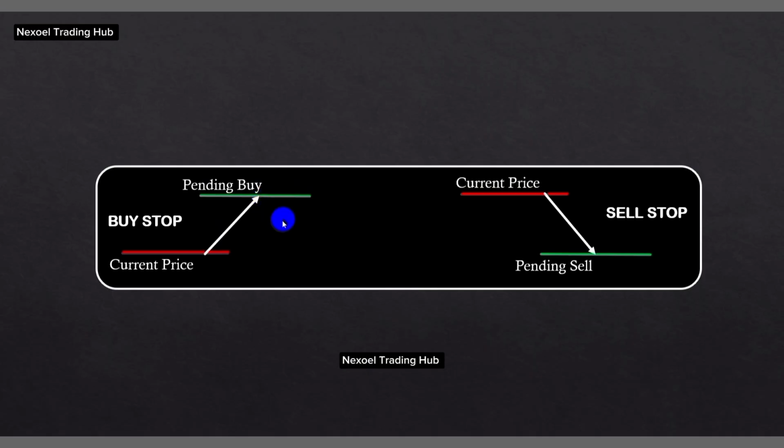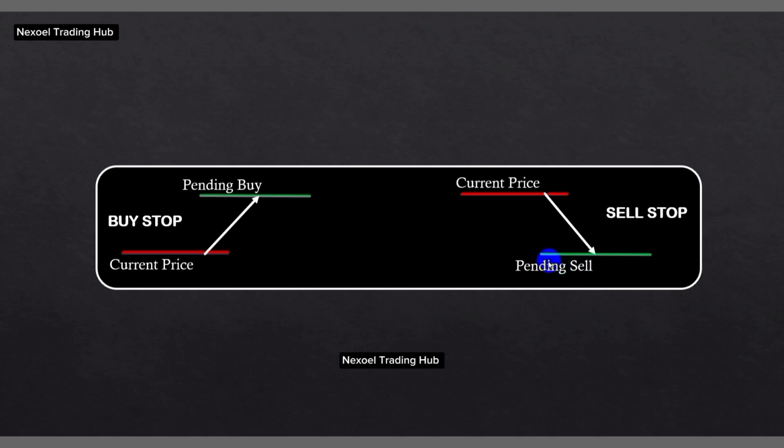So when we move further into the technical perspective in Forex trading, you get to understand what really stands out for breakout traders. Now for the sell stop, you would see that this is actually the current price. But then you actually want to sell in the market, but you don't want to sell at the current price. And you believe that the market will keep moving to the downside.